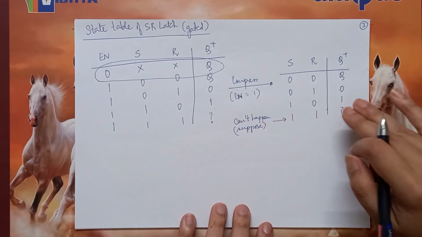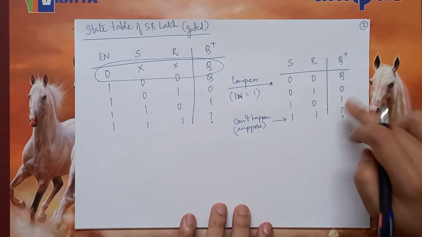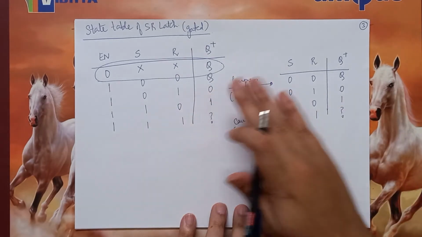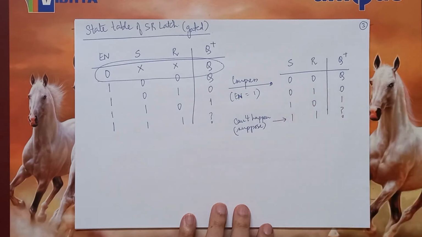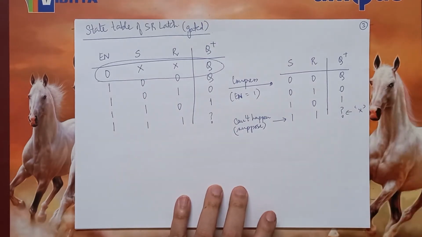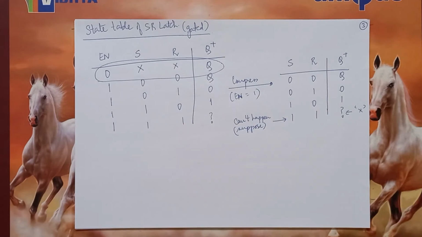So we really don't have to worry about the forbidden state coming, as long as we have been responsible engineers and ensure that these 2 inputs never get 1 at the same time. So we can treat this forbidden as a don't care condition.